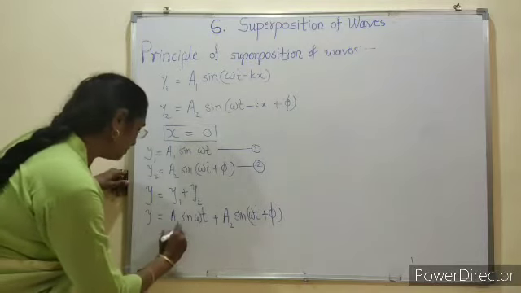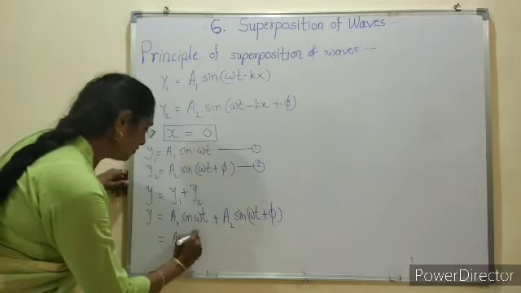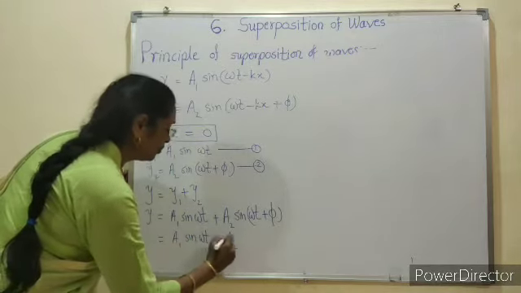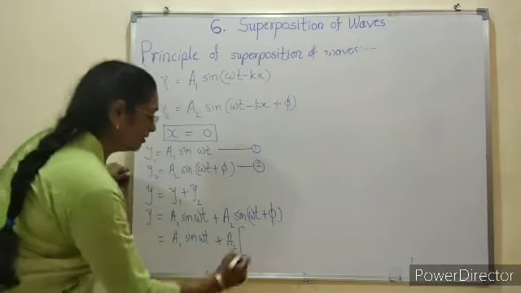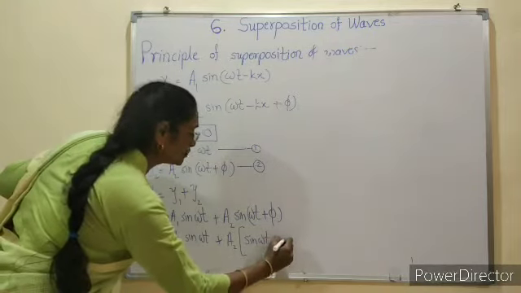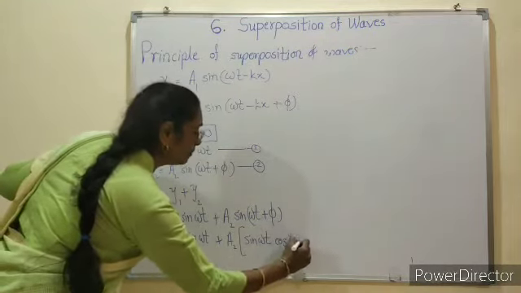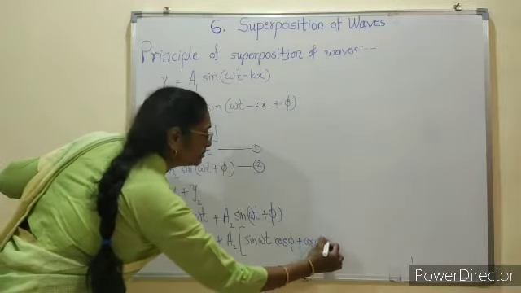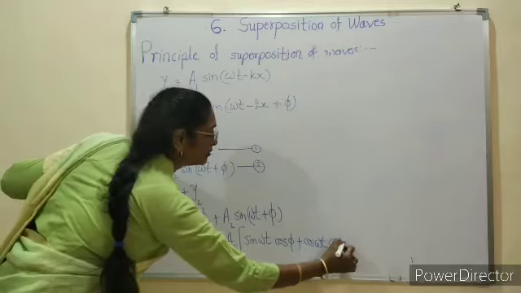We expand the second term as a2 times (sin omega t cos phi plus cos omega t sin phi).